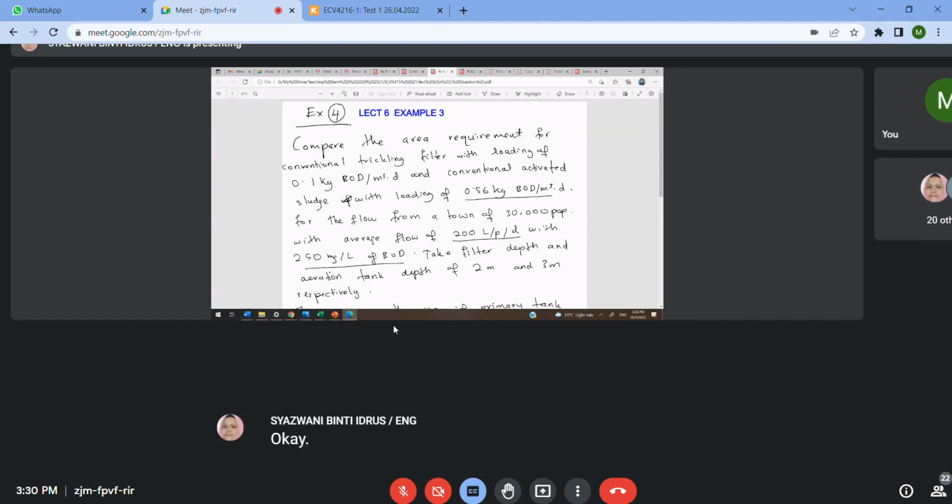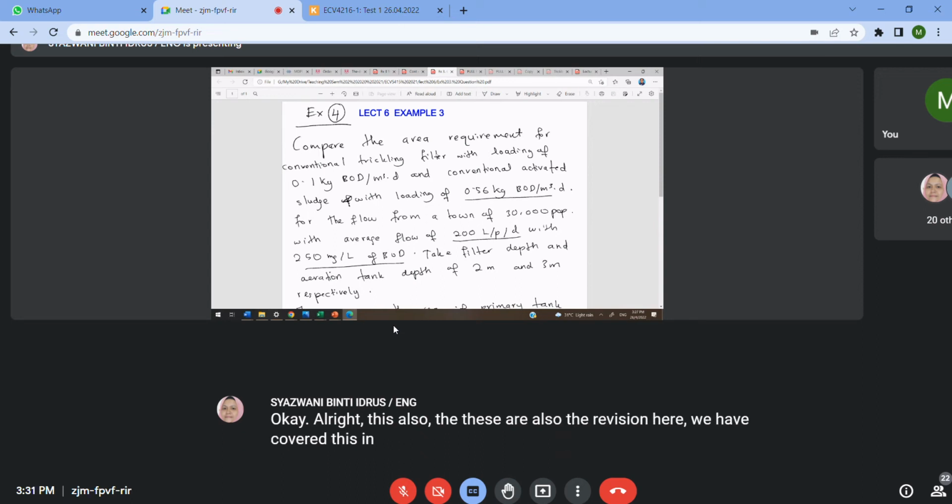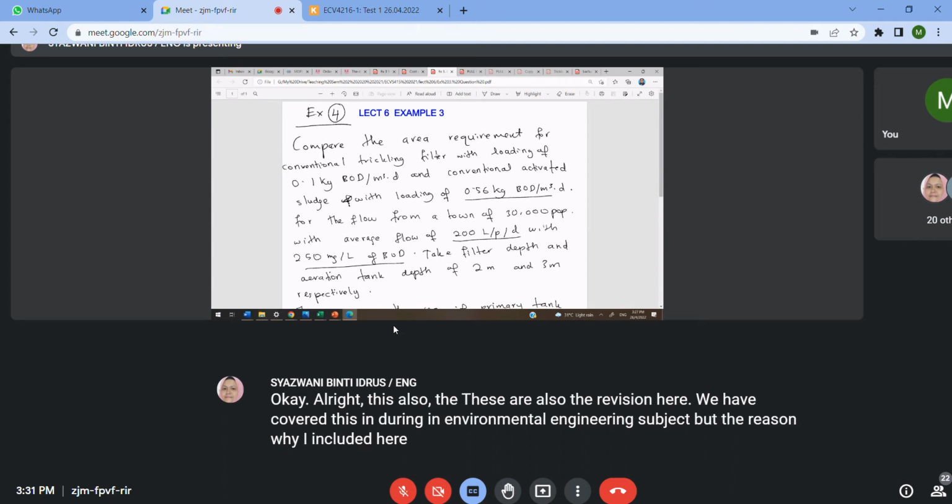These are also revision. We have covered this in the environmental engineering subject. But the reason why I included it here is because you need to use this calculation in your project.